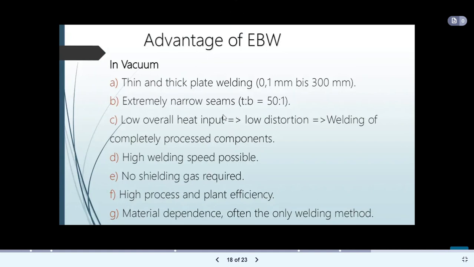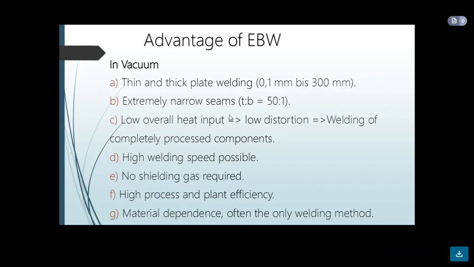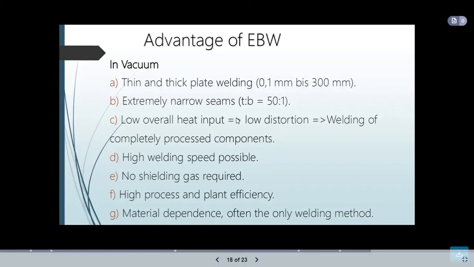Extremely narrow seam: as the focus of the electron beam is very high, the focusing is very narrow, so the heat affected zone is less and it avoids distortion of the base material.